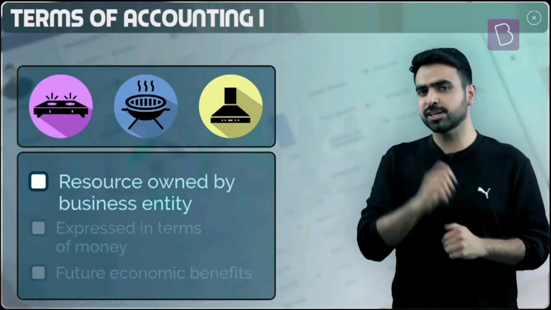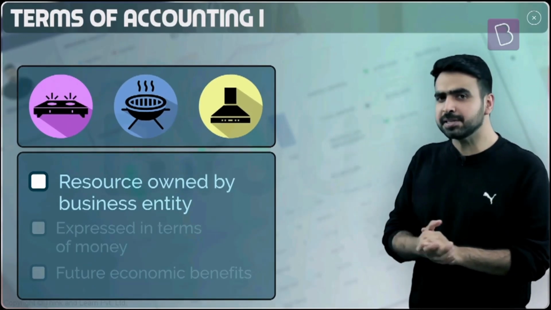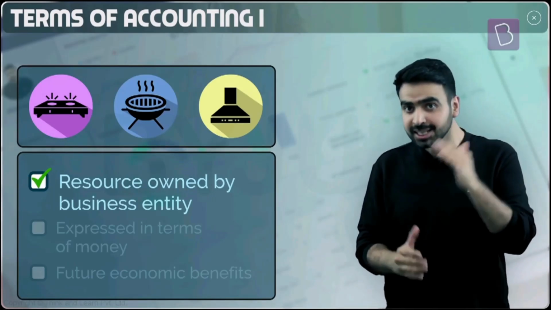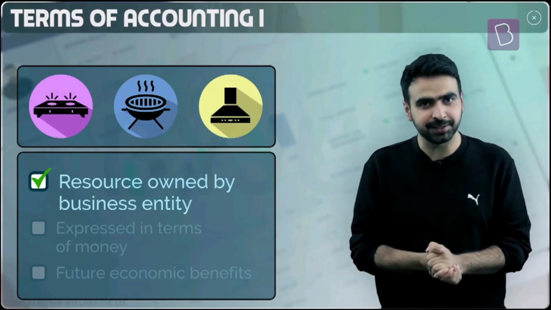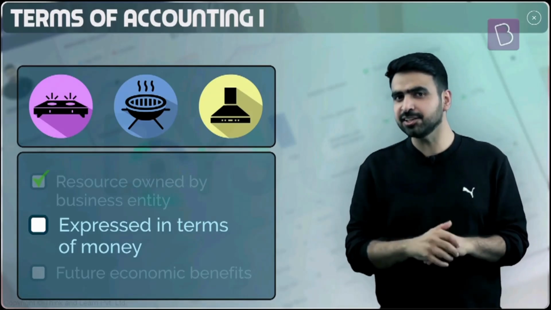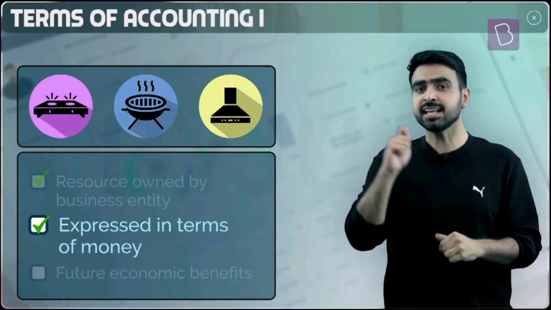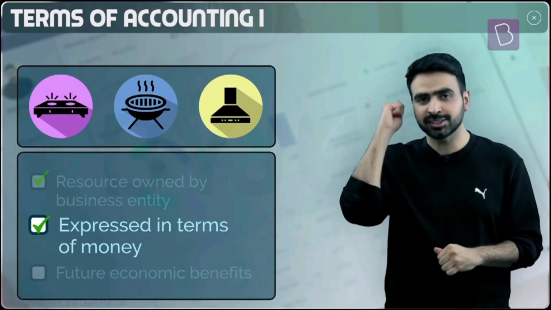Talking about the first checkbox. Now tell me, are they resources owned by business entity? Absolutely. They were bought in the name of Yummy Bites, so Yummy Bites own stove, grill and chimney. Moving to the second checkbox. Can they be expressed in terms of money? Absolutely. Rohit paid 3,000 rupees to buy them, so you can express them as products worth 3,000 rupees.